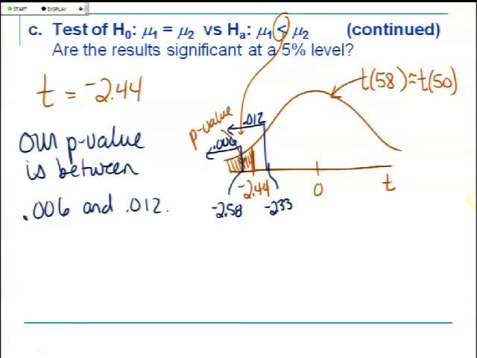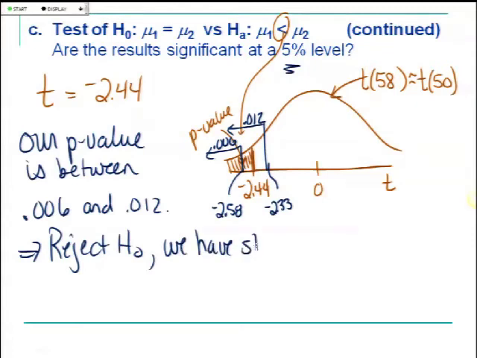At a 5% level of significance, we will reject H naught. Our actual question here says, are the results statistically significant at a 5% level? And we would say, yes. We have statistically significant results at the 5% level.